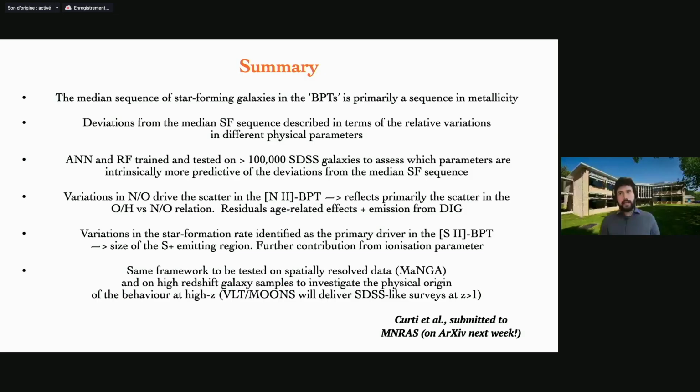Okay, so this is a good point, but basically at this level, the analysis is just based on local SDSS star-forming galaxies. And of course, we are also considering extinction or obscuration via the Balmer decrement, but the point is that these diagrams are by definition insensitive to extinction because they involve lines which are very close in wavelength.